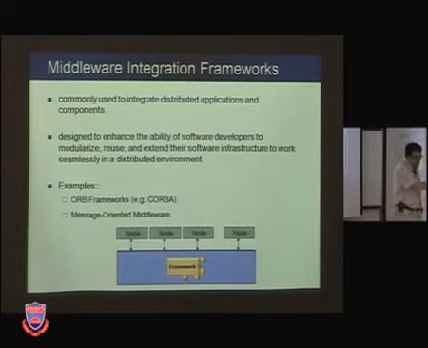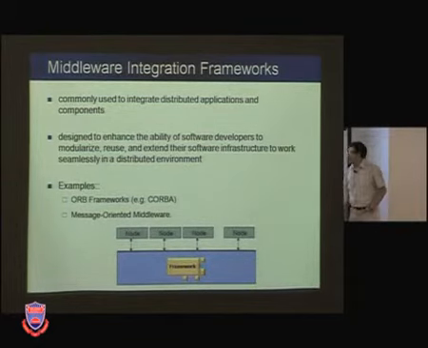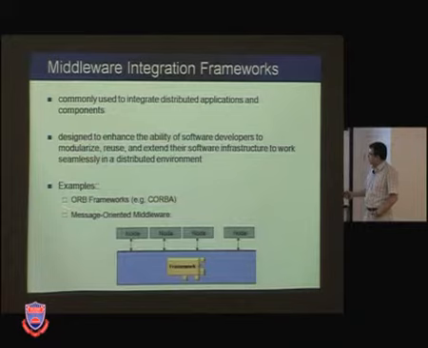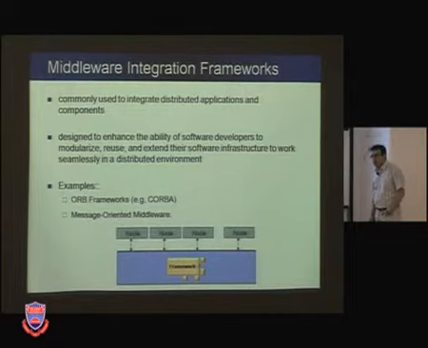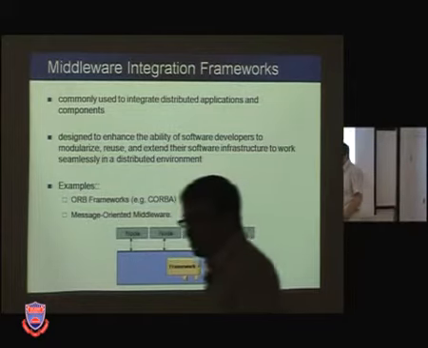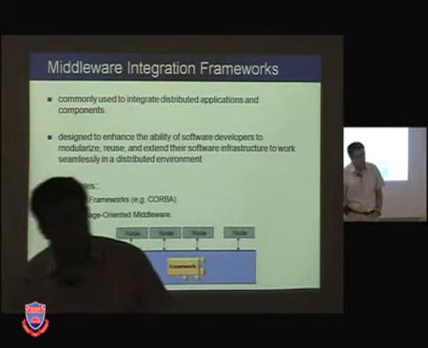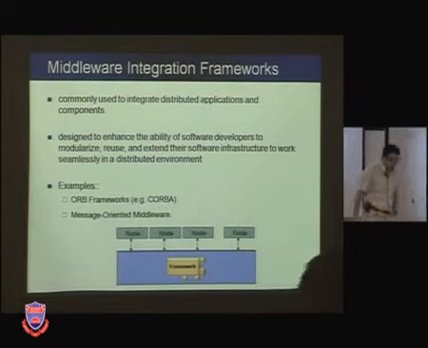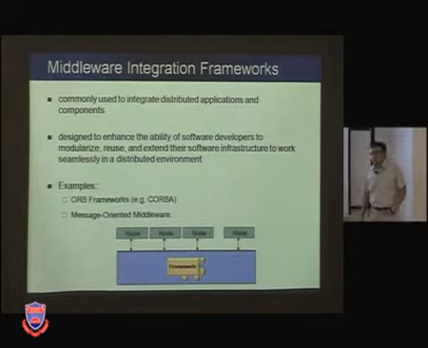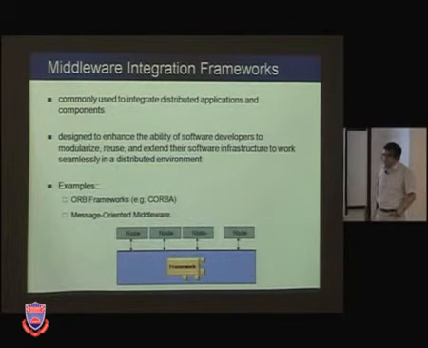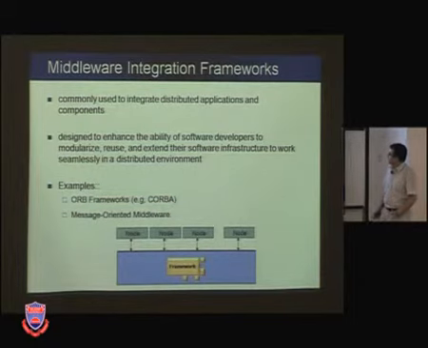You could define a common middleware, such as CORBA or message-oriented middleware, which defines the services for distribution. The distribution logic includes the directory services and name services, and can also provide additional services, like for communications. This is the middleware integration framework.